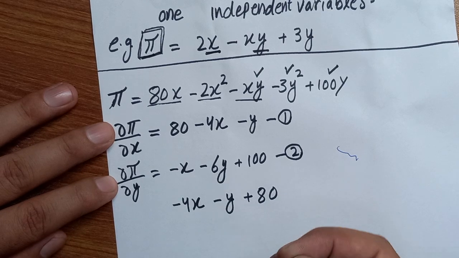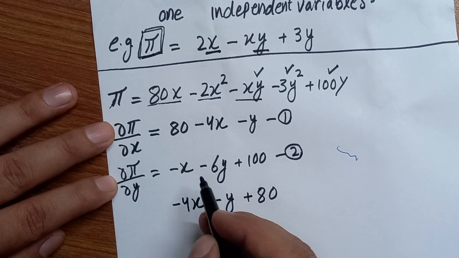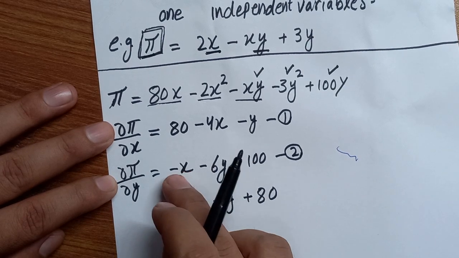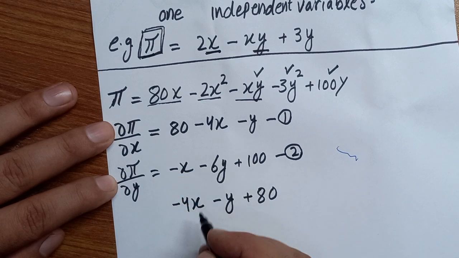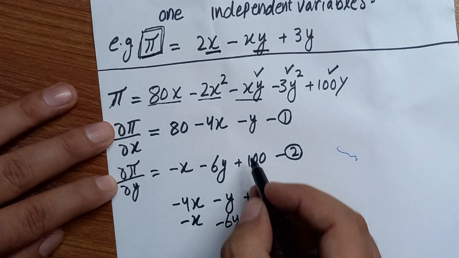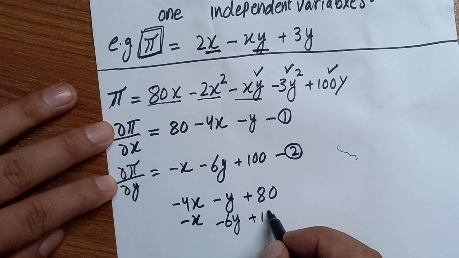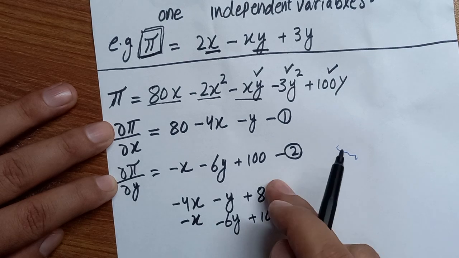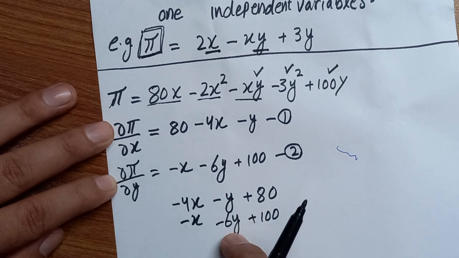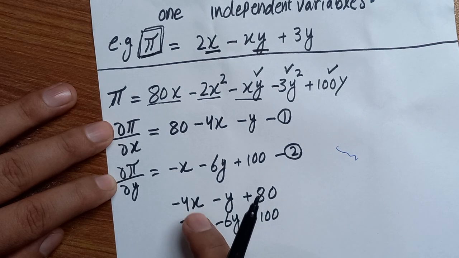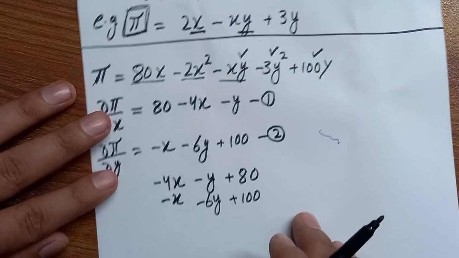In the next step, you should write the variables so that the x component is written under the x. So minus x, here is minus 6y, and here we have 100. So the constant goes below the constant, the y variable below the y variable, and x below the x variable.